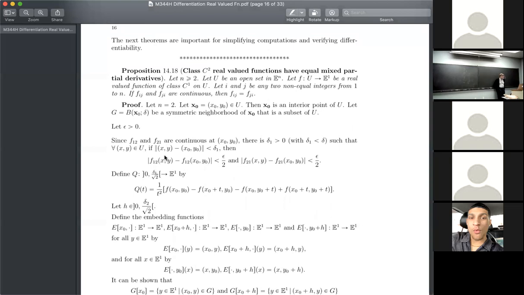On page 16 of your notes, and the people at home can see the screen now, on page 16 of those notes that I hope you all have around, it says class C2 real valued functions have equal mixed partial derivatives. That is true. However, the statement is not about class C2. Basically the statement that I wrote is correct also.